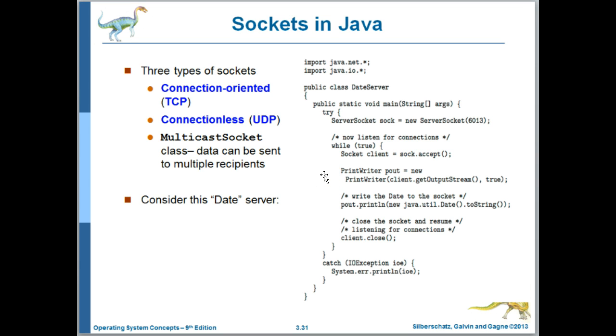It gets an output stream which allows it to print the incoming message, then close the client connection. And after closing the client connection, it will return to the top of the while loop and begin listening for the next incoming client connection.